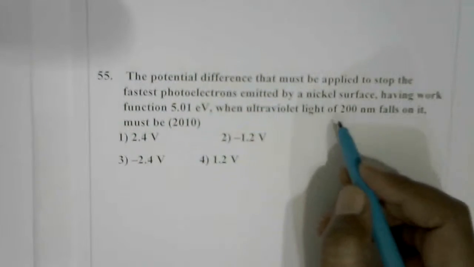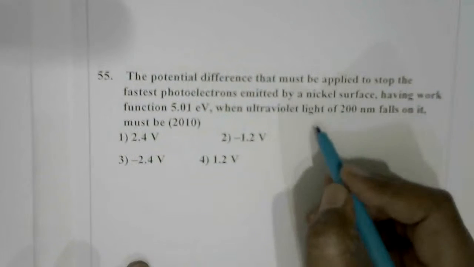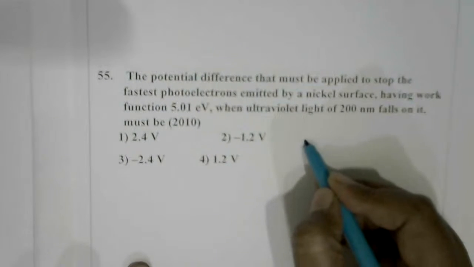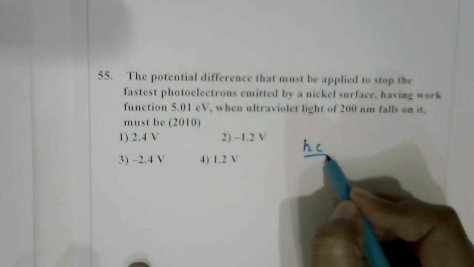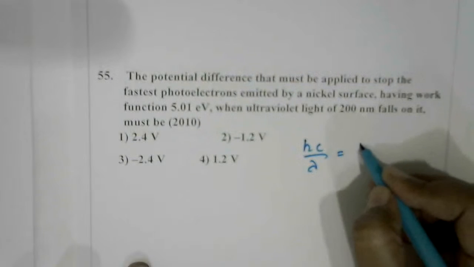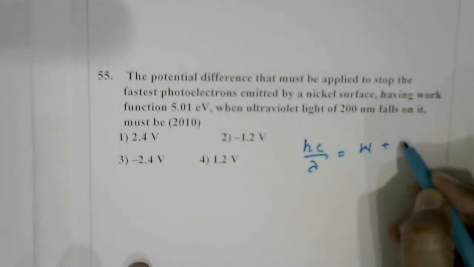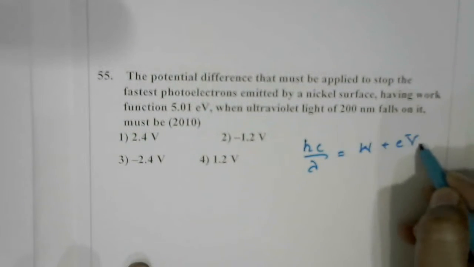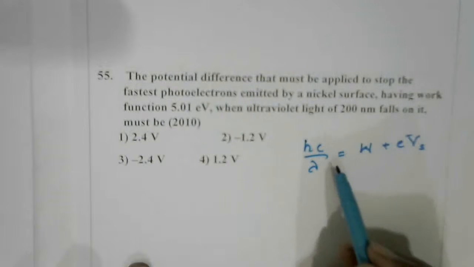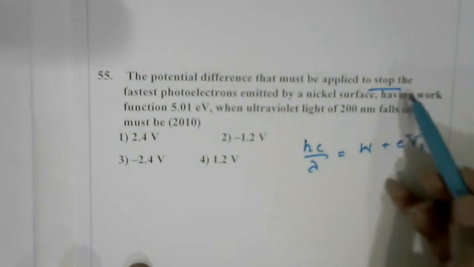Straightforward question. First get hc by lambda equal to the work function, which is already given, plus eVs, because to stop they are asking eVs.